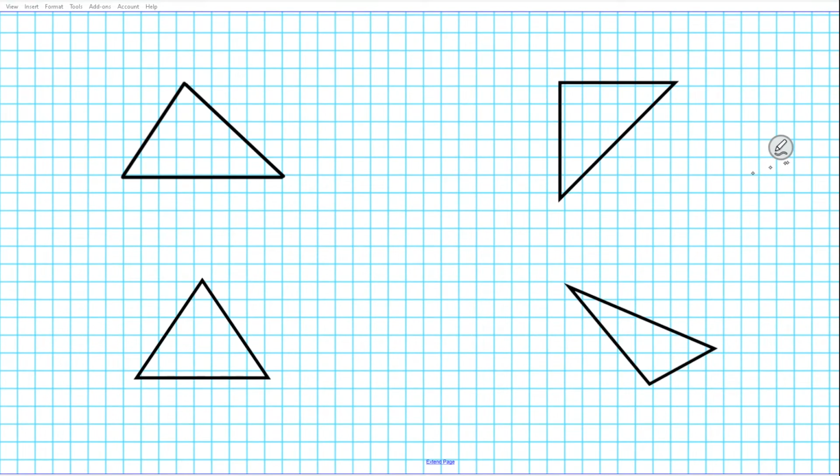All right, so let's take a look at some examples. Instructions for these examples are for us to classify the given triangles. We're going to classify them by their sides and angles.